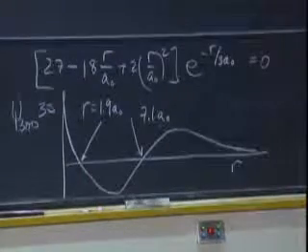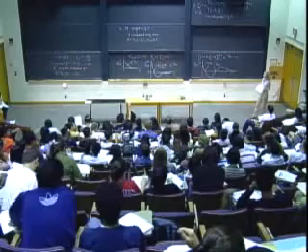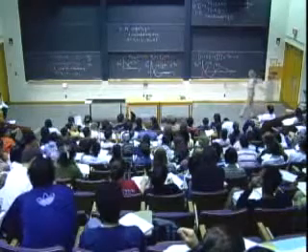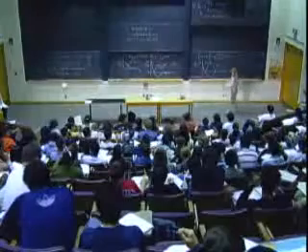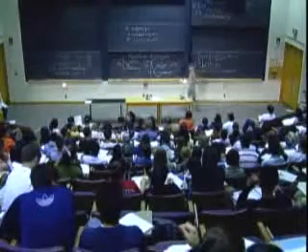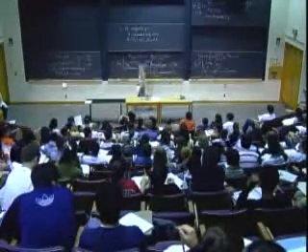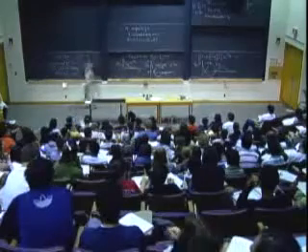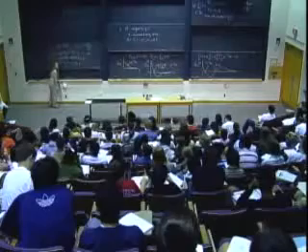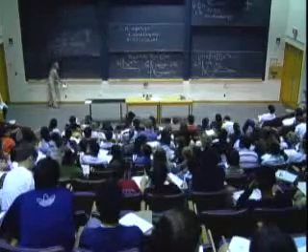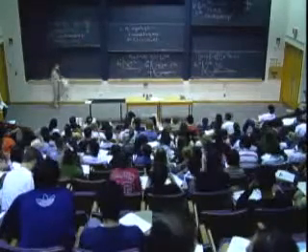Okay. So those are the wave functions, the functional forms, what they actually look like. Now it's time to talk about what the wave function actually means. How does it represent the electron? All right?